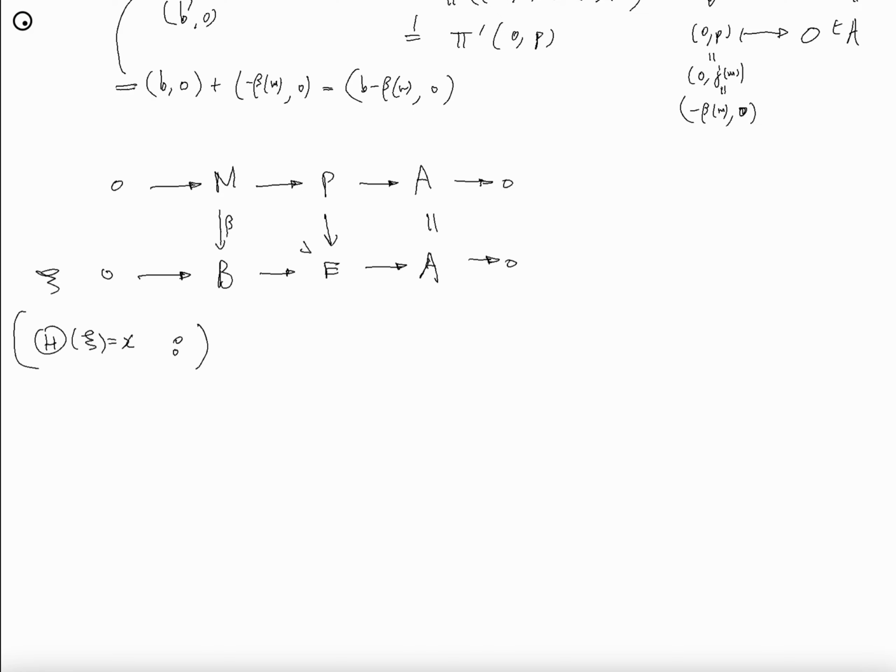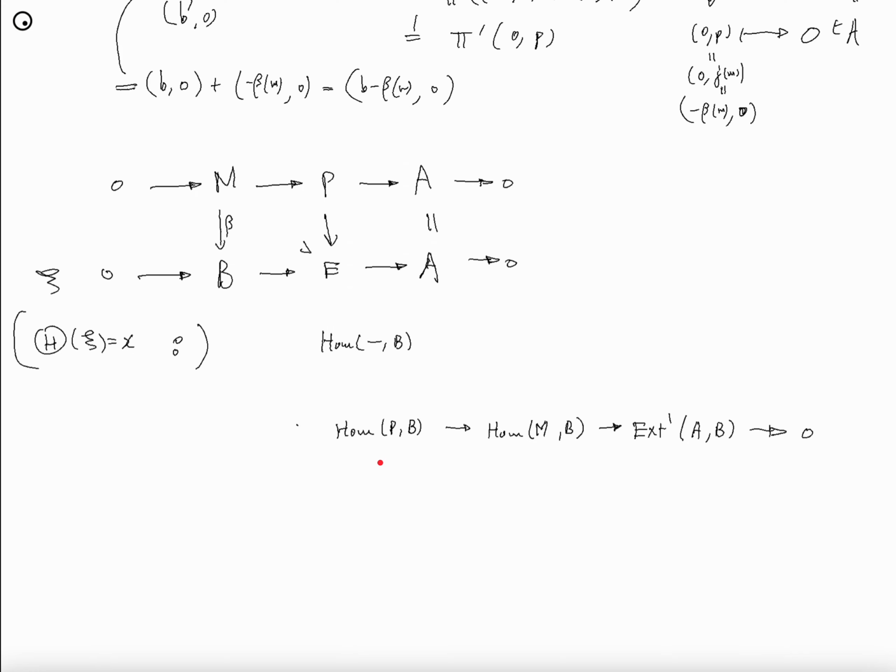By the delta functor property, we have Hom(A,B), Hom(P,B), Hom(M,B), then Ext^1(A,B), and then 0.